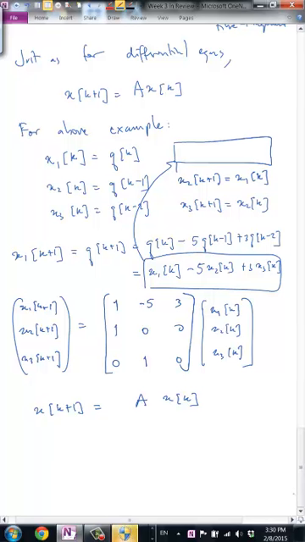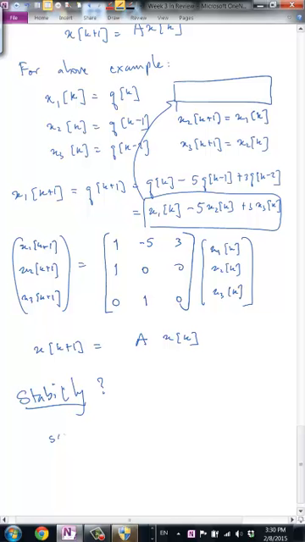So just as we did with continuous time systems, we can ask about stability. Let's start with the scalar case, exactly like we did in our development for differential equations.